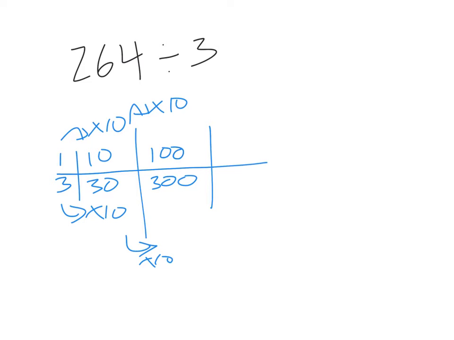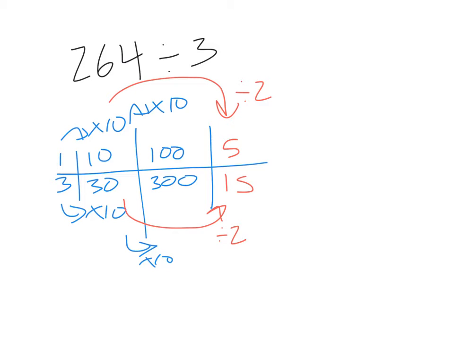At this point, I am going to look to have 10. When I divide 10 in half, I end up with 5. And when I divide 30 in half, I end up with 15.